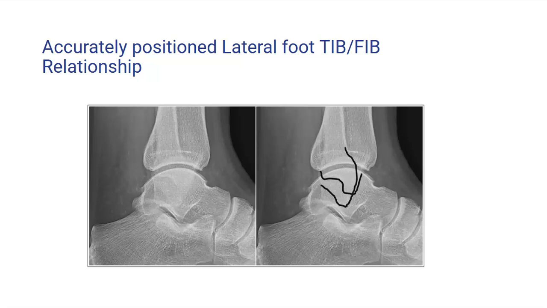When evaluating the foot projection, you want to look at a couple different things. One is evaluating if the tib-fib relationship is accurately positioned. In a lateral foot projection, the domes of the talus align with the tibia when the lower leg is positioned parallel to the IR.